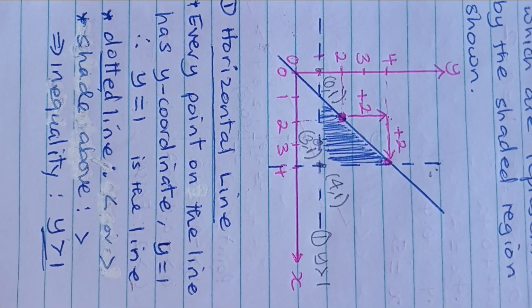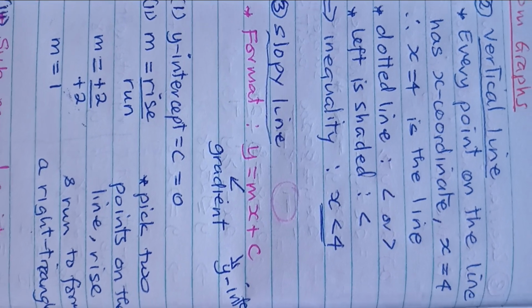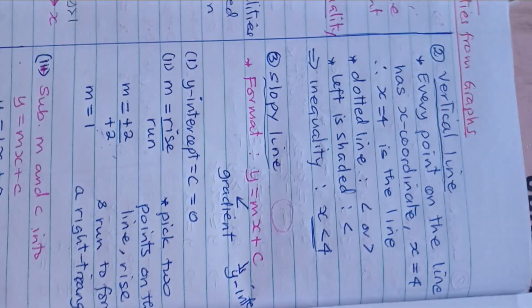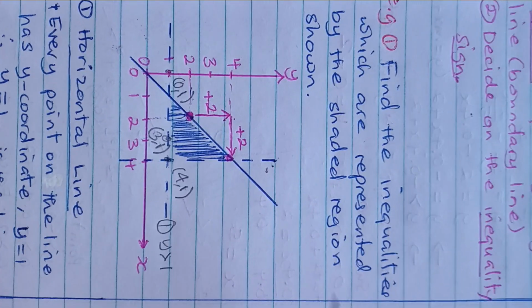Now for the second line, it's the vertical line. The vertical line will only cut the x-axis.